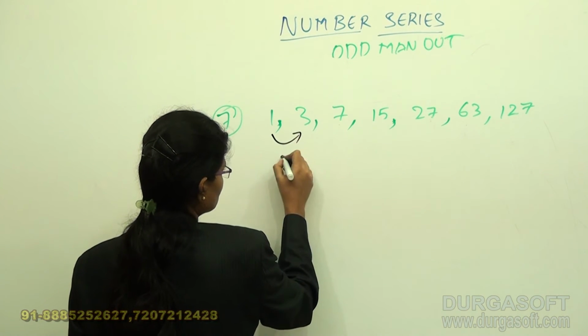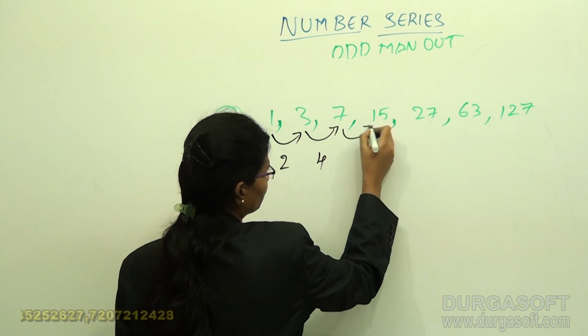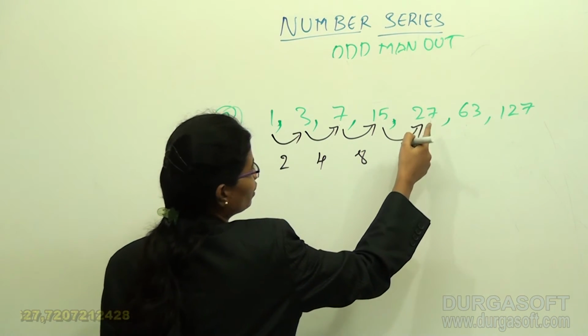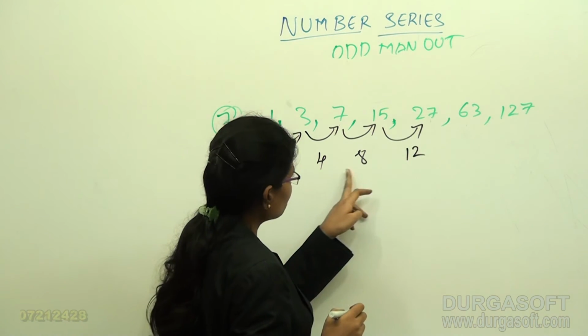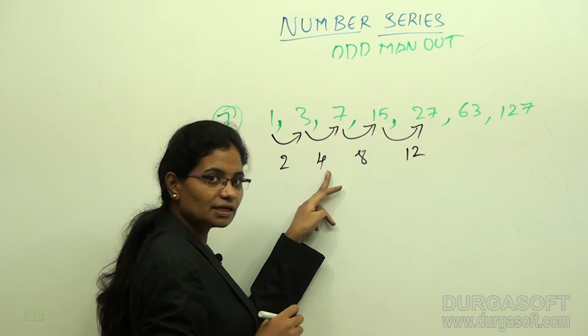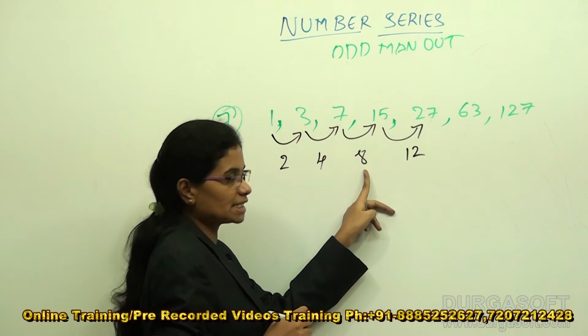If we see the difference, it is 2, and here it is 4, and here it is 8. If you see the difference here, it is around 12. So 2 has been doubled and we are getting the difference 4 here, and 4 has been doubled and I am getting difference 8 here.